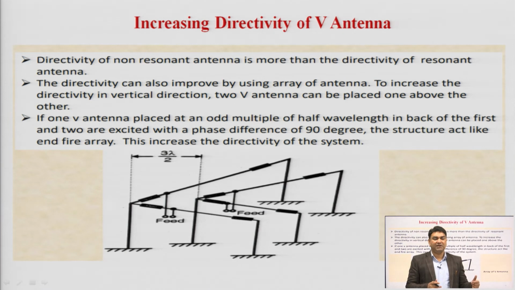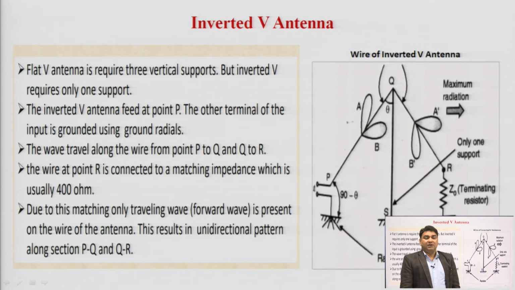In the same manner, this array of V antennas is designed, and if one V antenna is placed at an odd multiple of half wavelength in back of the first and the two are excited with a phase difference of 90 degrees, the structure acts like an end fire array, and this increases the directivity of the whole system. It means the antenna system has better directional characteristics.